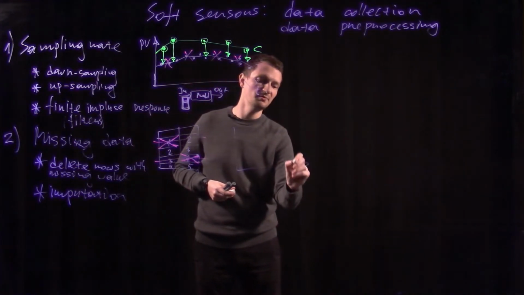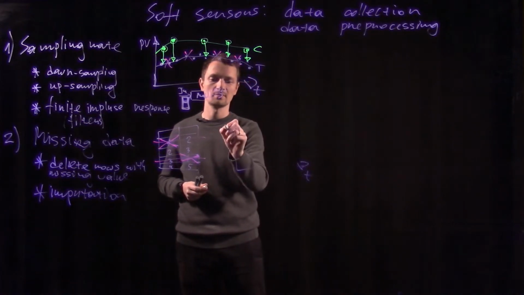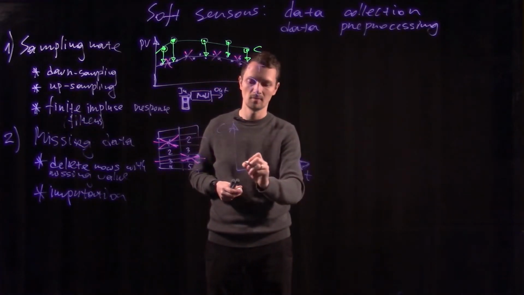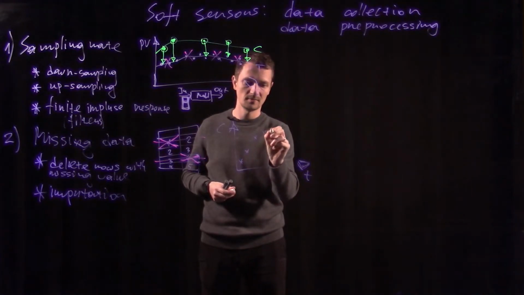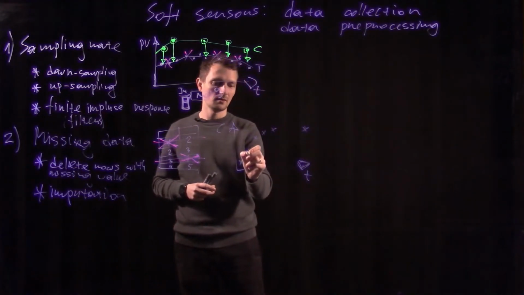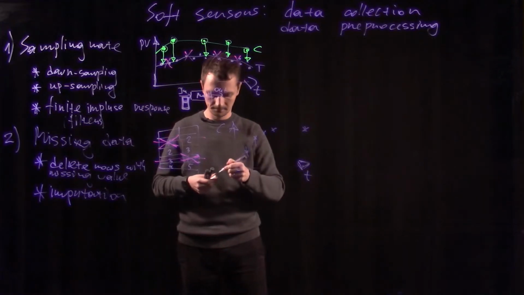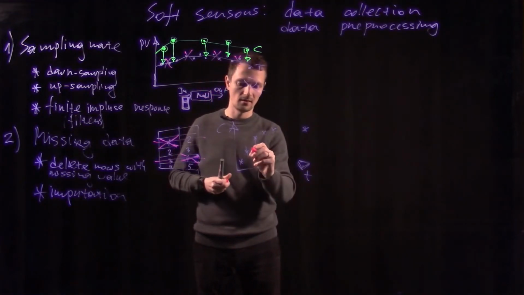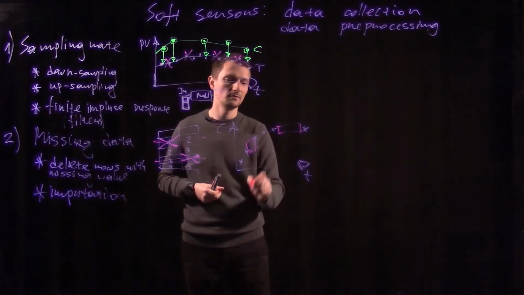The easiest approach would be if you have, for example, time series. So you have, for example, concentration measurement over the time, and you have some values, and for example, here you don't have any. And the same here. Nothing here, nothing here. What can we do?